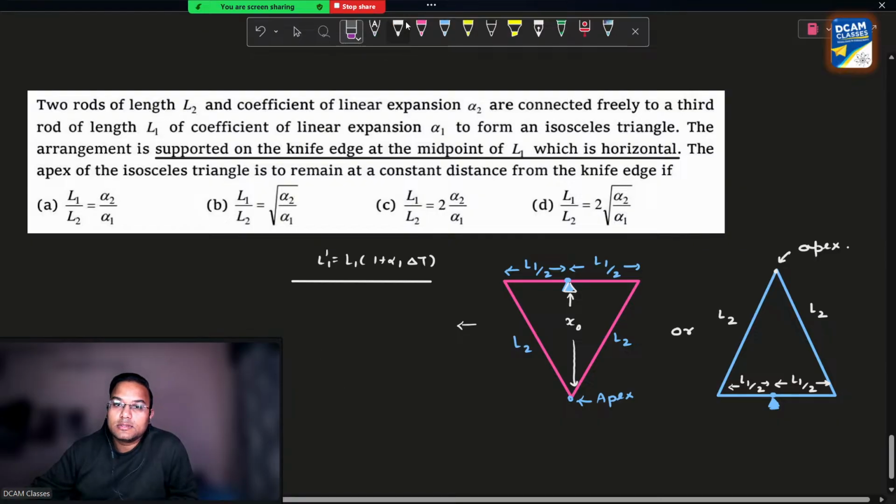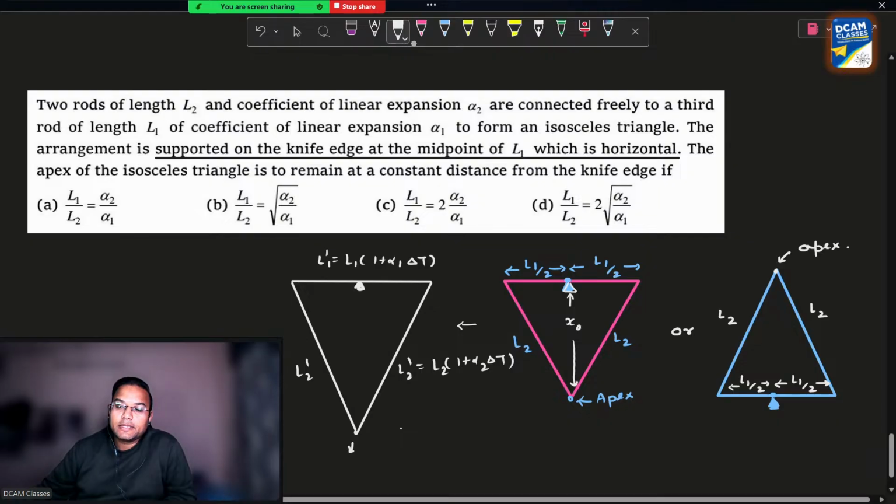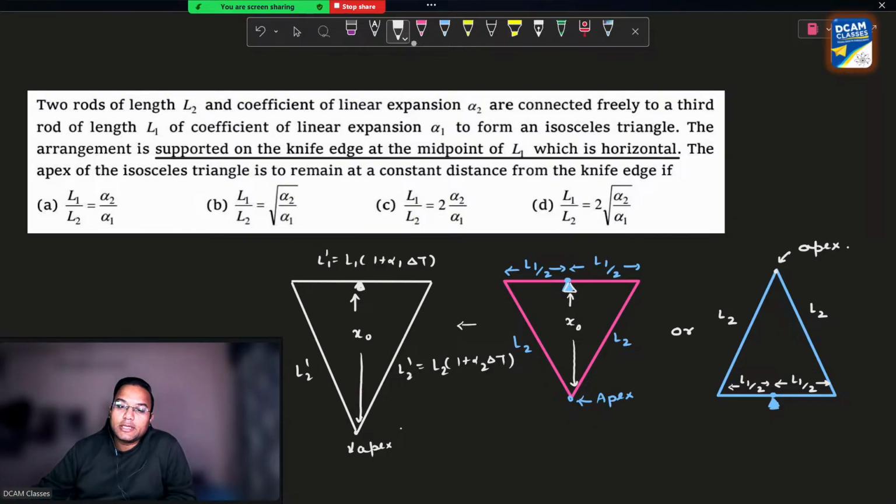And these two become L2 dash and L2 dash, where L2 dash is equal to L2 into 1 plus alpha 2 delta t. In that case also, the distance between this and the apex is the same.